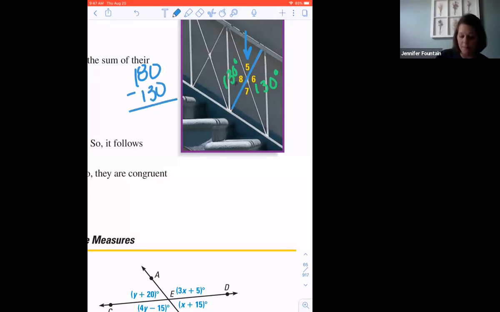And 180 minus 130 is going to be 50 degrees. So angle 5 will be 50 degrees. Now, if I had decided to do that with angle 6 and 7, I'm going to end up with the same thing, and angle 7 is going to be 50 degrees. Okay? So by knowing a straight line is 180 degrees, if I'm given one of my vertical angles, I can subtract to find the other.